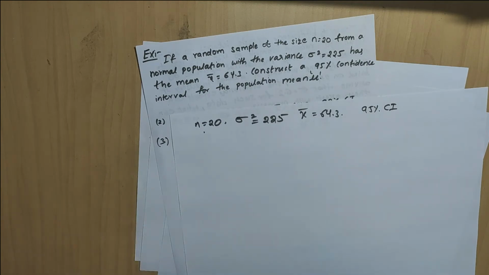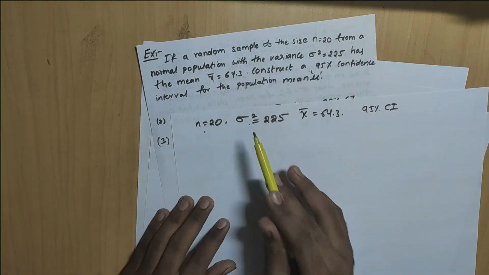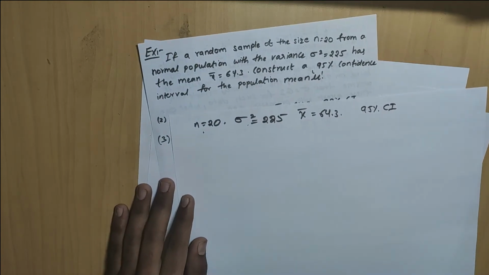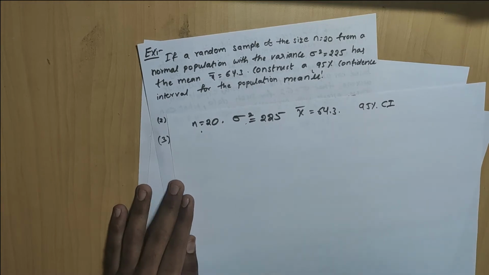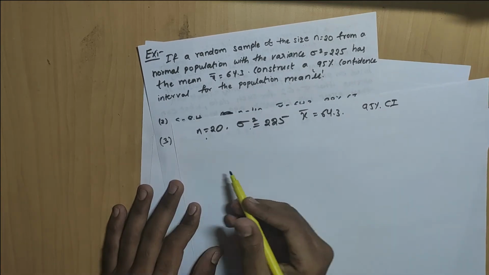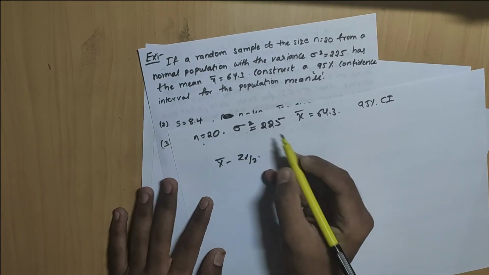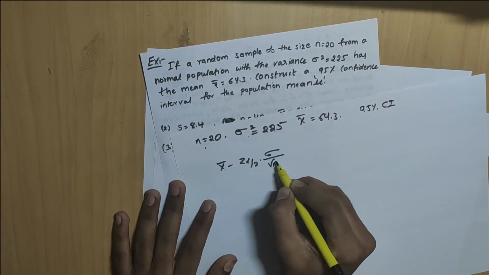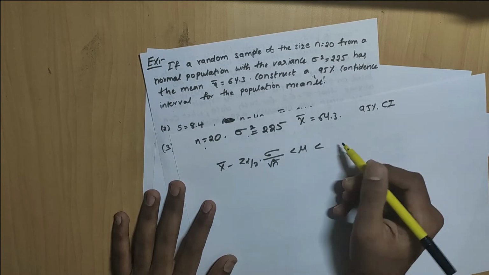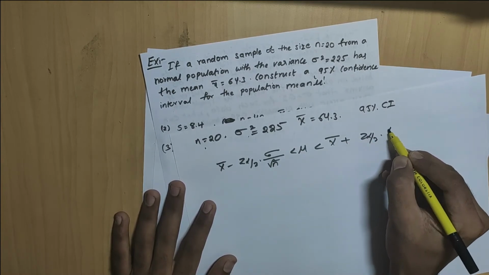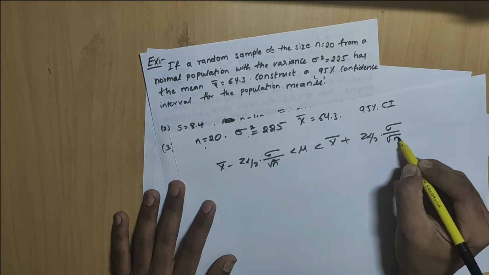First we have to think whether sigma square is given or not. Here sigma square is given. So we go to the problem, we already know the formula: x bar minus z alpha by 2 sigma by root n less than mu less than x bar plus z alpha by 2 sigma by root n.